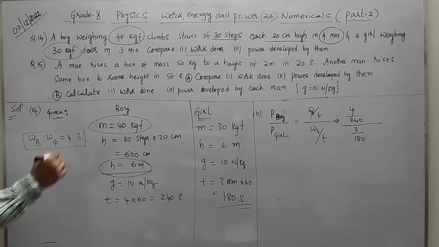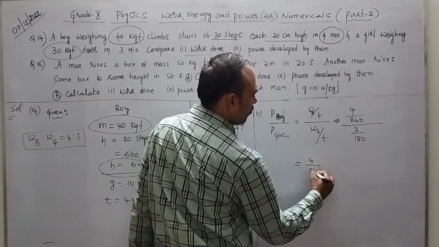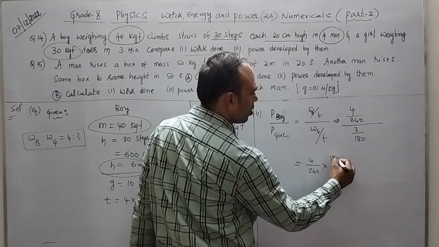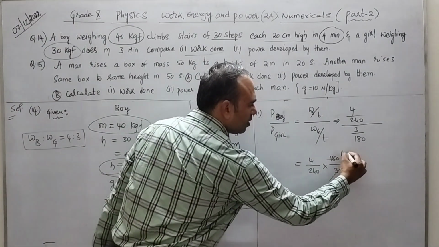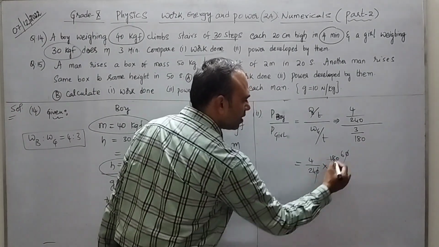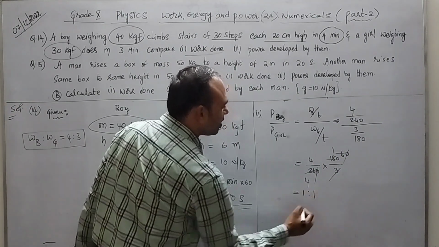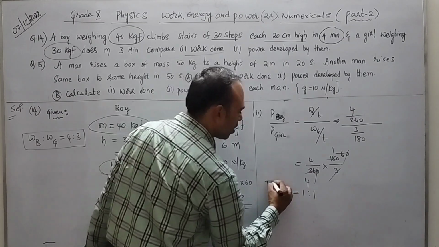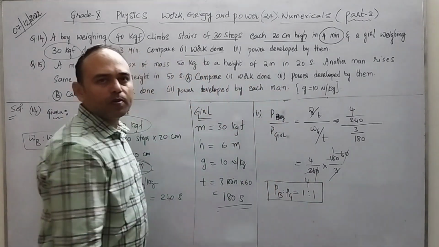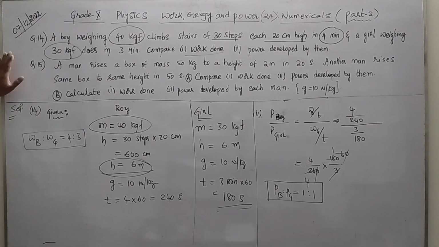Straight away we can write this, that is nothing but 4 by 240 into 180 by 3. So this way we can take it as 360. 0 gets cancelled, 6 ones and 6 fours, 4 and 4. So again we get 1:1. So the ratio of power remains 1:1. Hope you have understood this. Any method you can solve. Now try to complete question number 15.